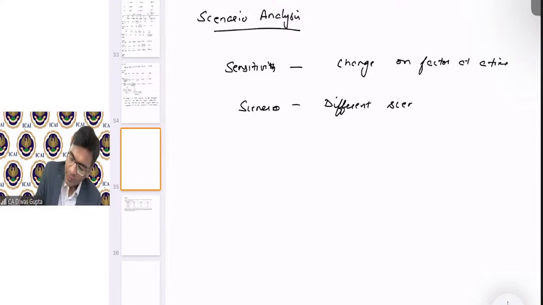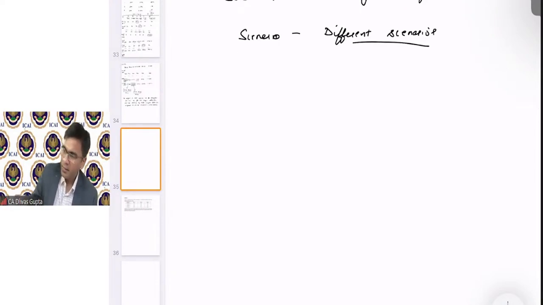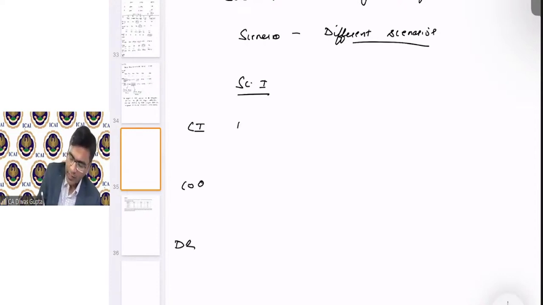Different scenarios themselves. For example, there is scenario one which will say that, okay, cash inflow, cash outflow, and maybe discount rate also. Here we can take discount rate as a package because in one scenario, let's say we are funding from equity, in another scenario, we are taking a mix like that. So it's a different scenario, 1,50,000, let's say 10%.